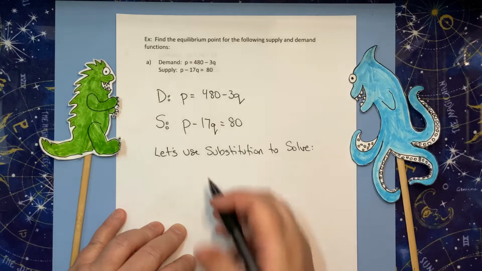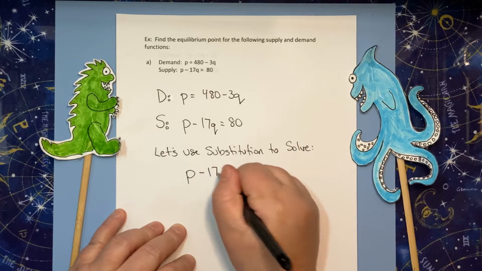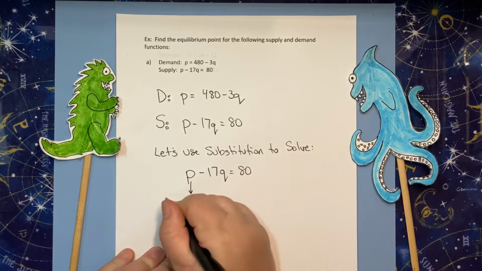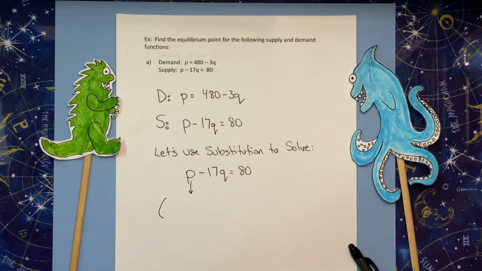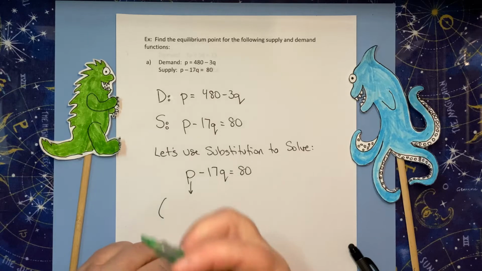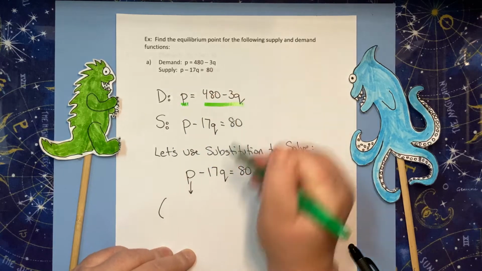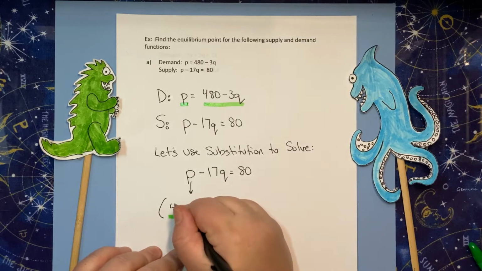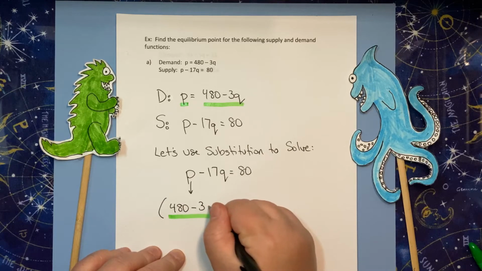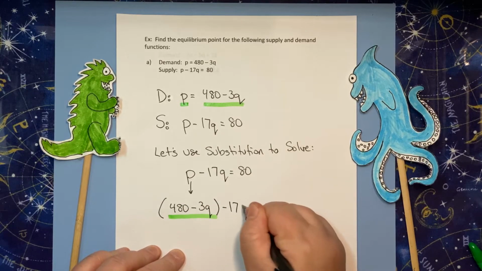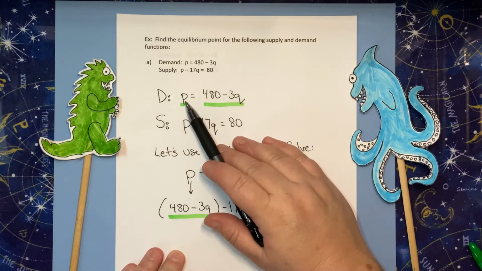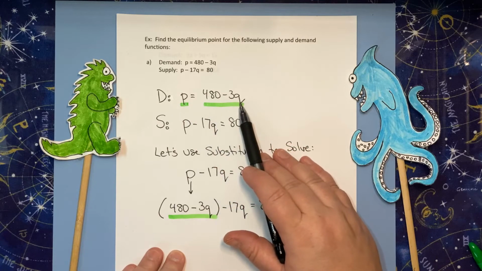So I'm going to take P minus 17Q equals 80, and in place of P, I'm going to put, you know what, I'm going to use green. In place of P, I'm going to put the demand equation in place of P. So up here, the demand says price would always be equal to this.